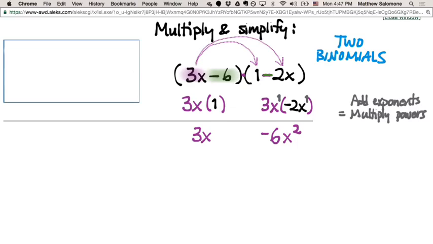So, in the same fashion, I'll distribute the negative 6 multiplied by the 1 and the negative 6 multiplied by the negative 2x. If I carry that down, that's going to give me, again, I'm going to write this out in all of its detail, negative 6 times 1 and negative 6 times negative 2x.